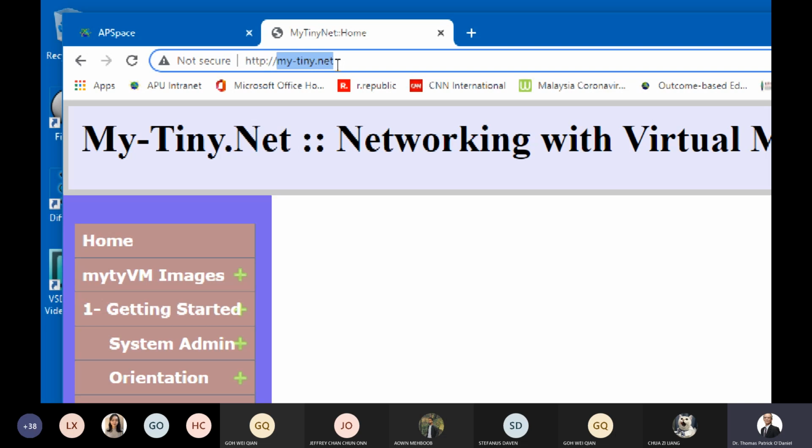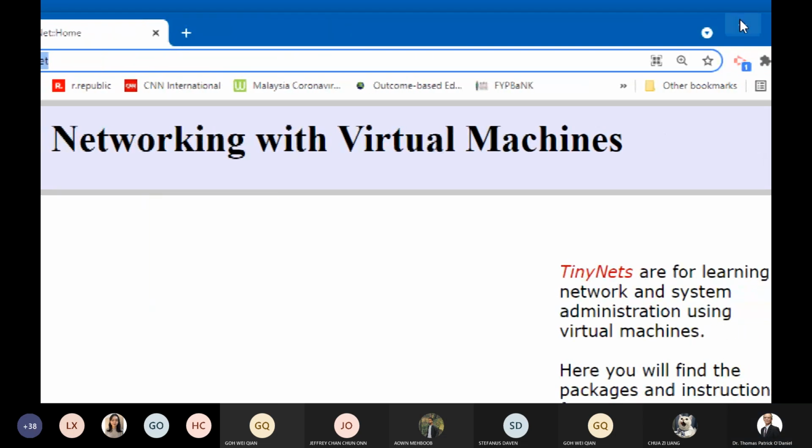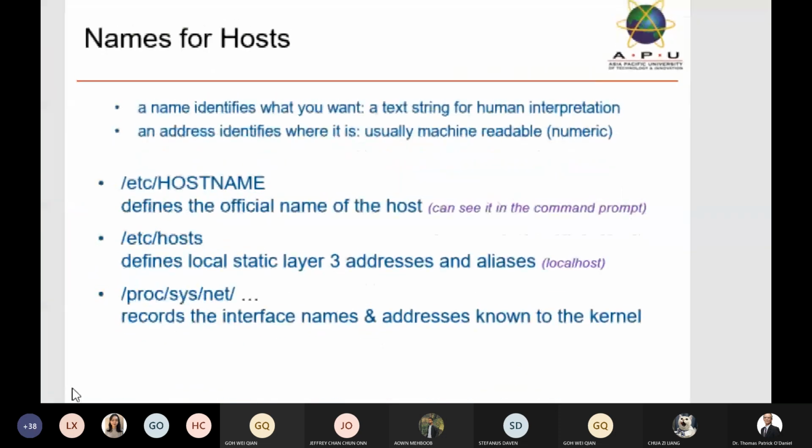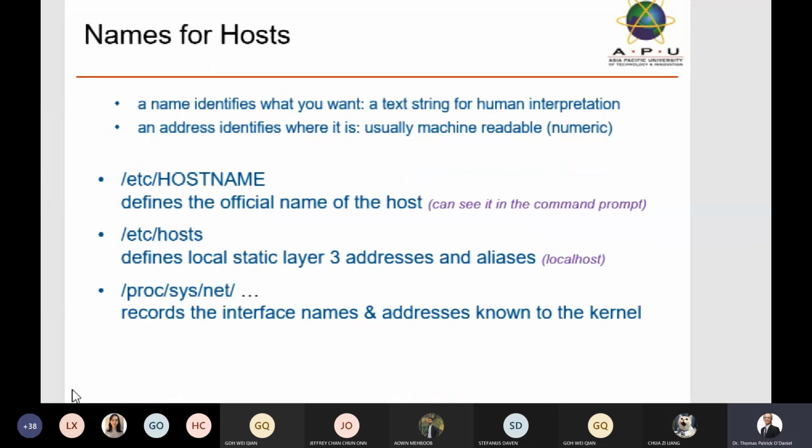And that's what the DNS is for. Now, again, you got to think about the theory and the practice. In fact, there's 3 places on our system where these names come into play, the name to address mapping.